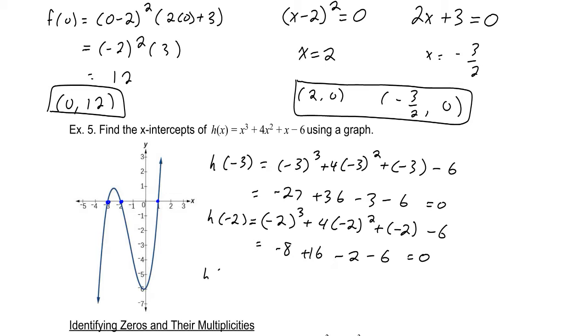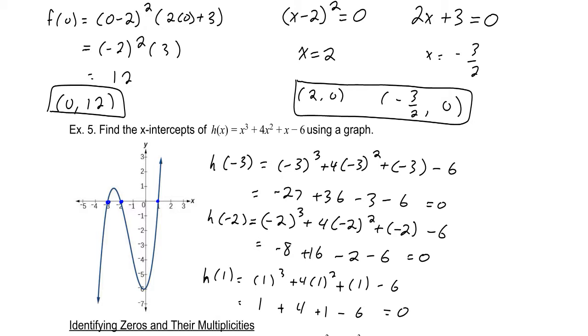And then last we'll find h of 1. 1 cubed plus 4 times 1 squared plus 1 minus 6, which will be 1 plus 4 plus 1 minus 6, which is going to be 0.